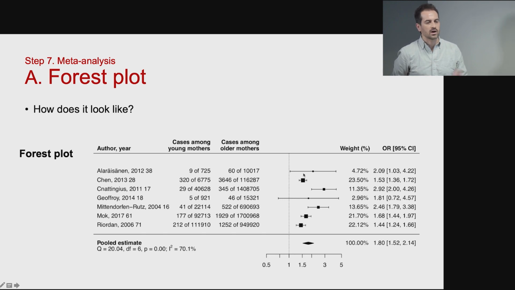Although these studies have the power to conclude for a significant difference, right? But the point estimate is the same. It means that in the two studies, the risk of suicide of people born from young mothers is the same. But the statistical power to conclude this is different.